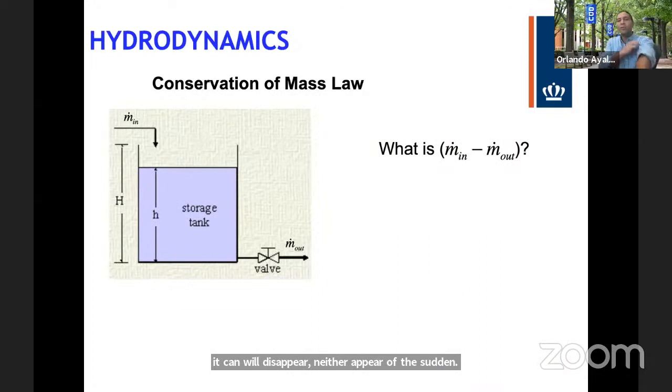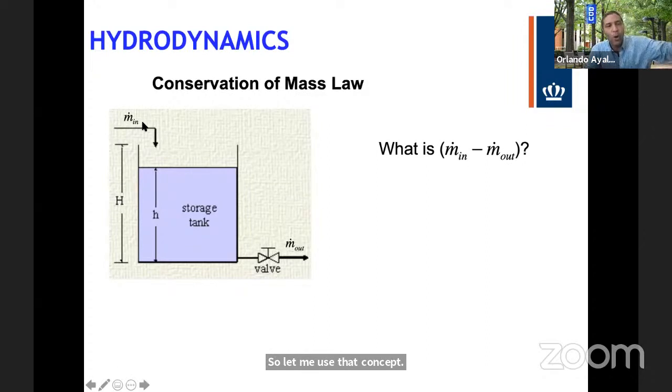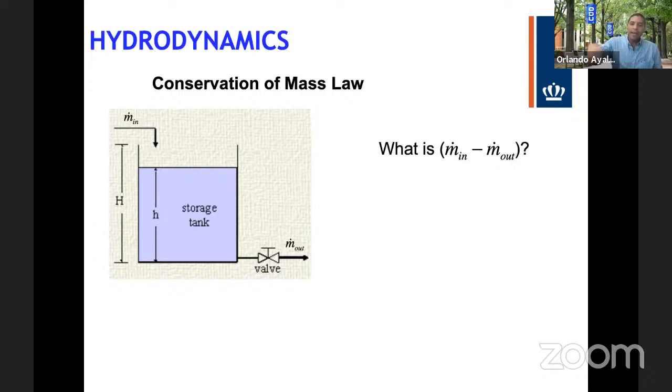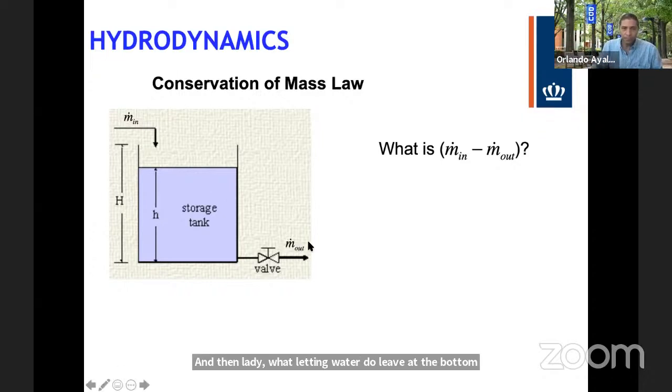So let me use that concept for this specific example of water, you pouring water into this tank and then letting water leave at the bottom of the storage tank. See, if the amount of mass I'm pouring into the tank is equal to the amount of mass leaving the tank, then the height of that fluid would not change.